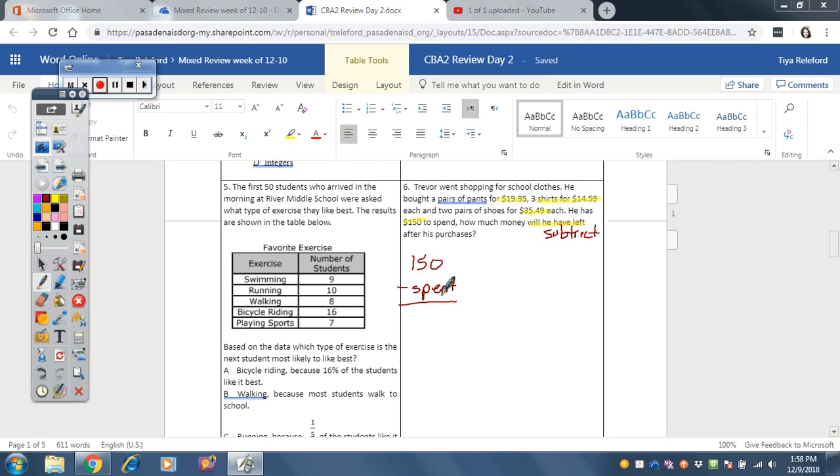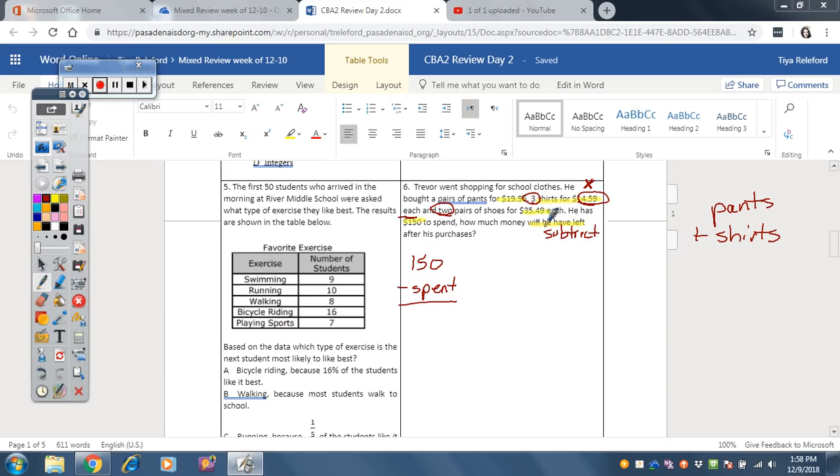Calculating how much money he spent, that's going to be the work. So add up your pants plus your shirts. Now careful, because the shirts are $14.59 each, and he bought 3 of them, so that's multiplication.